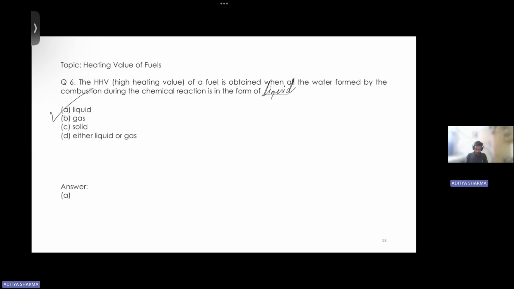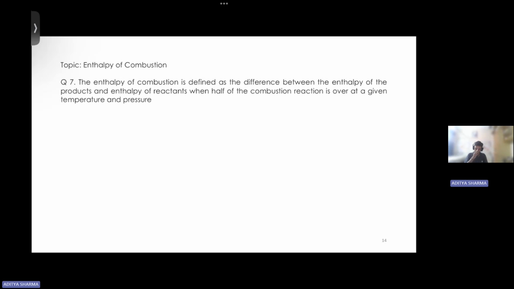So this was your question number 6. Moving on to now the next question. This is question number 7. This is on enthalpy of combustion.